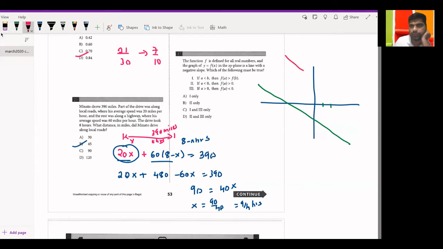I erased the first line by mistake. A is less than B, so A will be here, B will be here because it's the negative side. f of A will be here, f of B will be here. 1 is still greater than 2, so it works out.